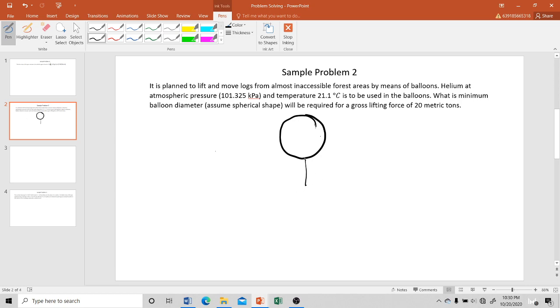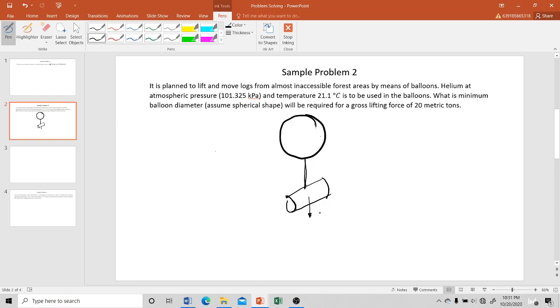The log is tied to a balloon. The balloon will lift the log, which has a downward weight of 20 metric tons.